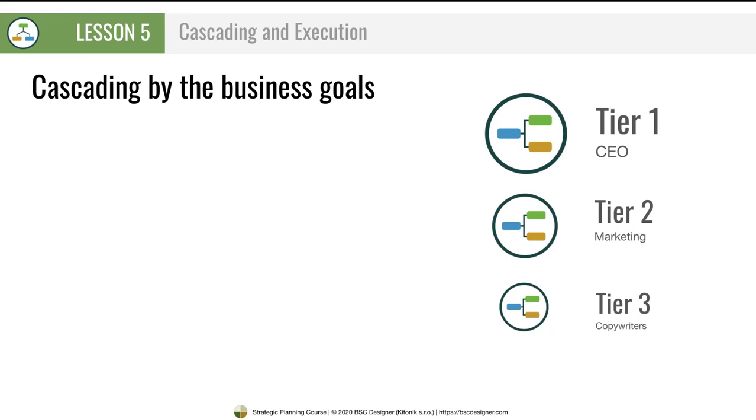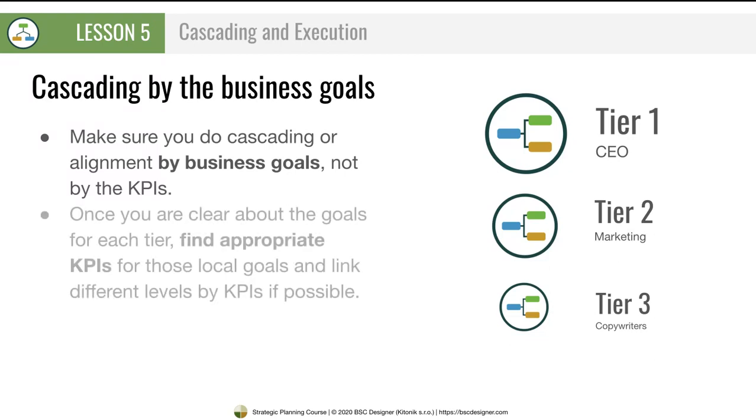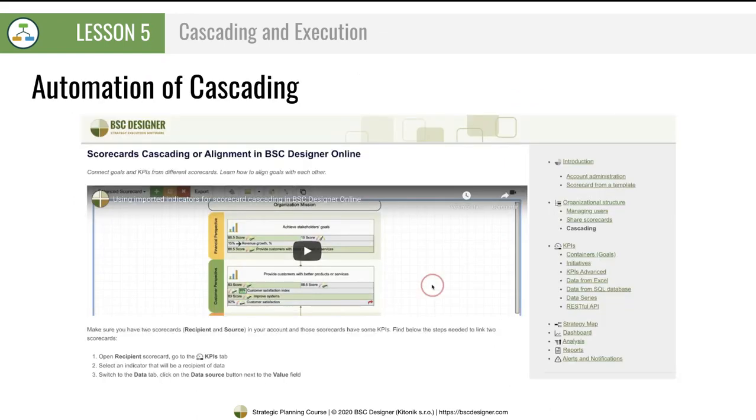With the second approach, cascading by KPIs, we were mandating targets or indicators without any meaningful discussion. Here's our KPI. Show how we're going to contribute to it. Make sure you do cascading or alignment by business goals, not by KPIs. Once you're clear about the goals for each tier, find appropriate KPIs for those local goals and link different levels by KPIs if possible.